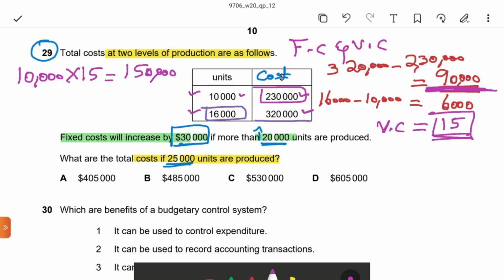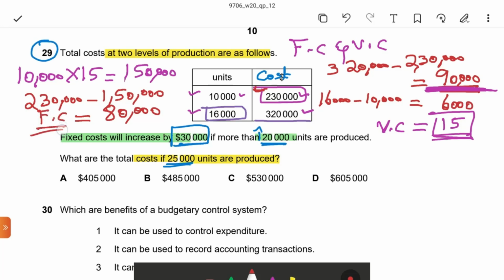But the total cost given is 230,000. So 230,000 minus 150,000 is our fixed cost, that is 80,000.